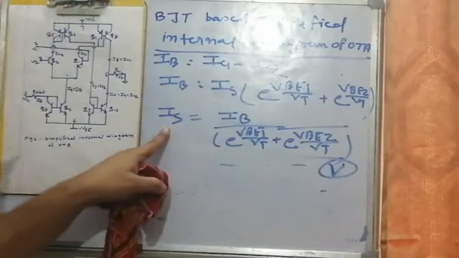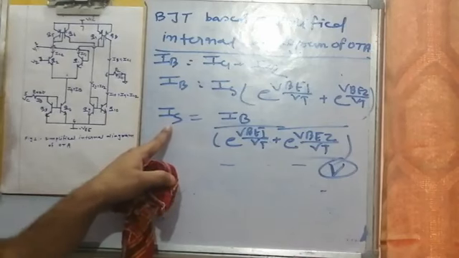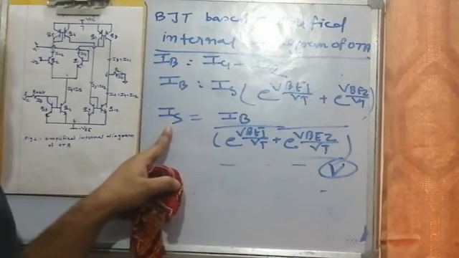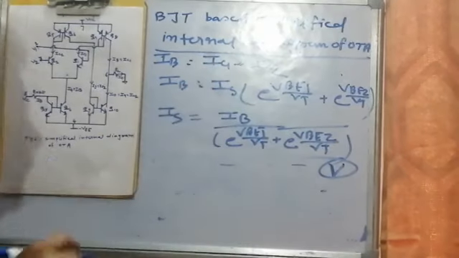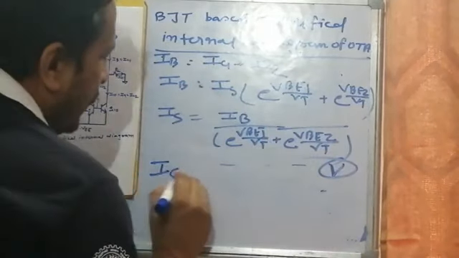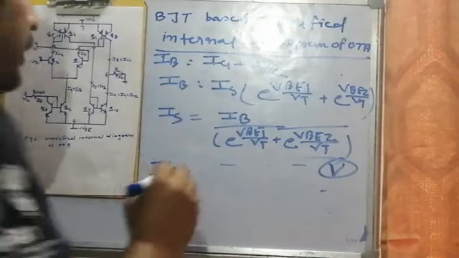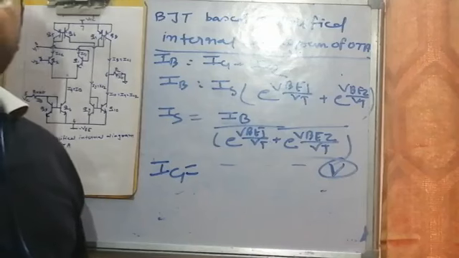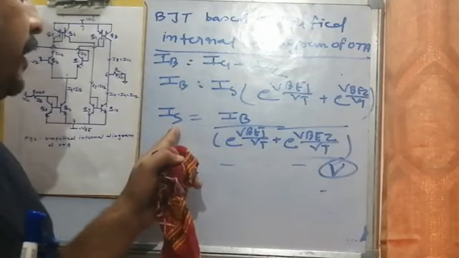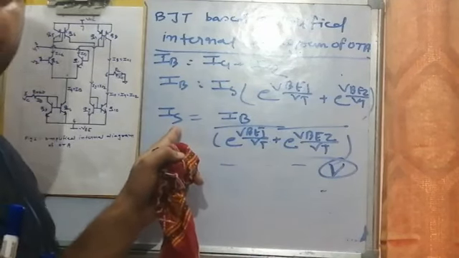Put the value of IS in equations 3 and 4 and find the value of IC1 and IC2. What is the value of IC1? Basically, IC1 is equal to IS e to the power VBE1 divided by VT. So here we have found the value of IS.